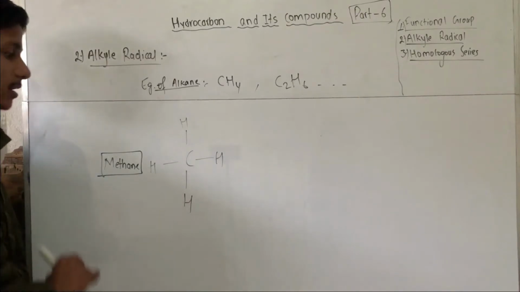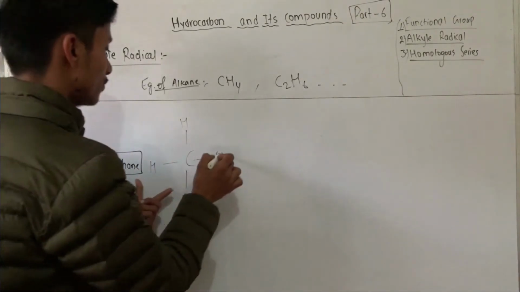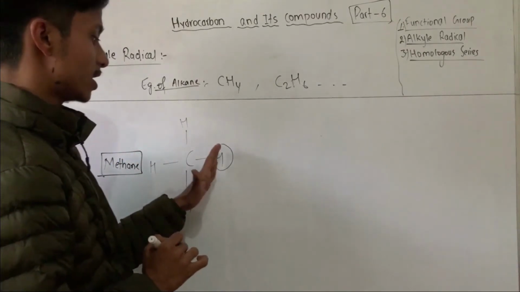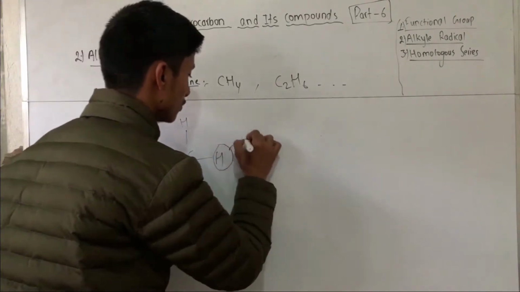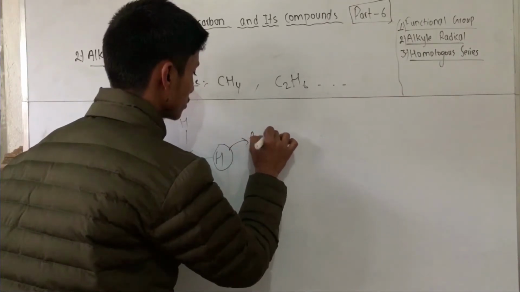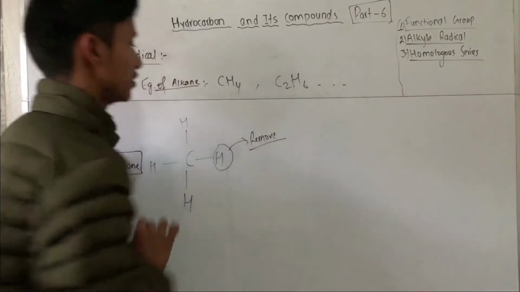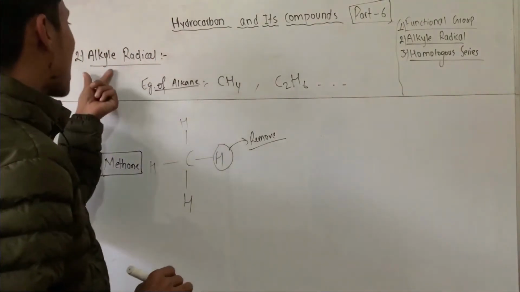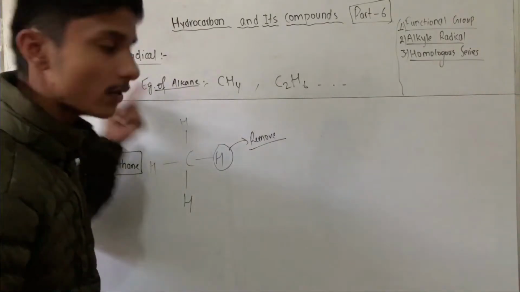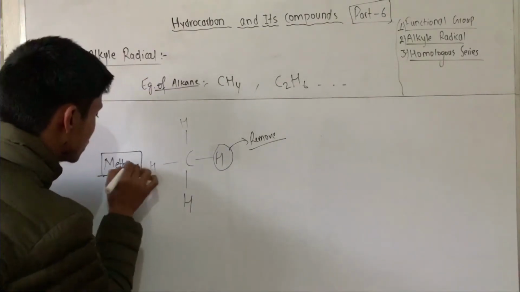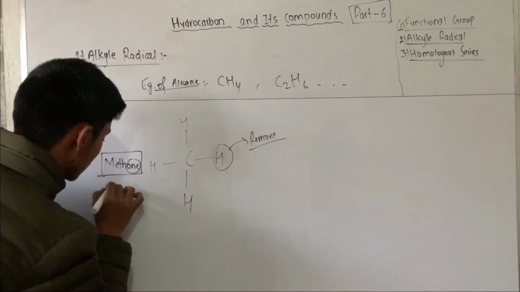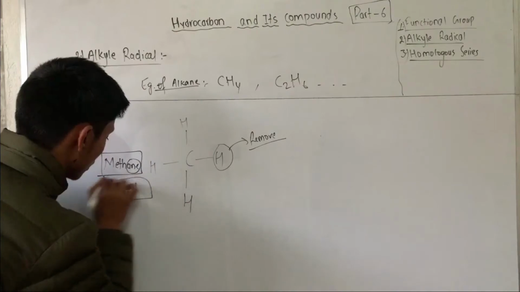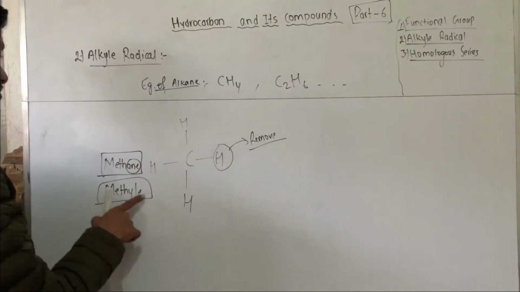Okay, methane. And if we remove one hydrogen, then what does it become? If we remove this hydrogen, then it becomes alkyl. Means it becomes the example of alkyl. That is, instead of A and E, we write here methyl. Okay, methyl we write.